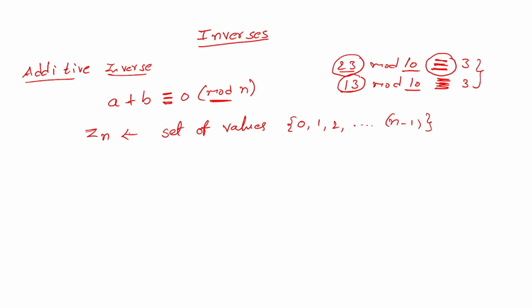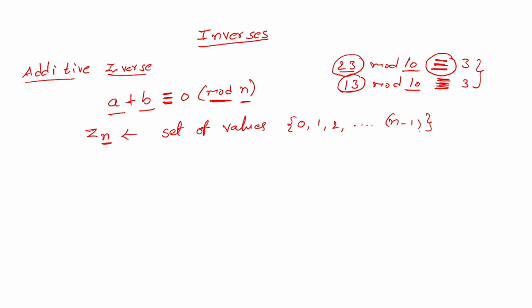So here, if a plus b is congruent to 0 mod n, then they are called additive inverses of each other. a is the additive inverse of b and b is the additive inverse of a. What is n? That is Zn, a set of residues, the values 0, 1, 2 and so on, up to n minus 1.